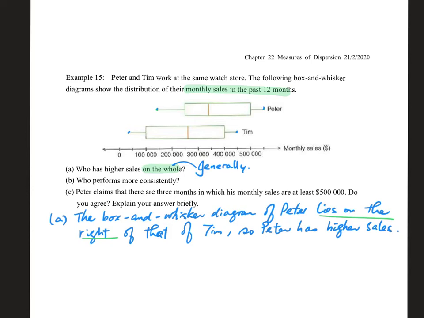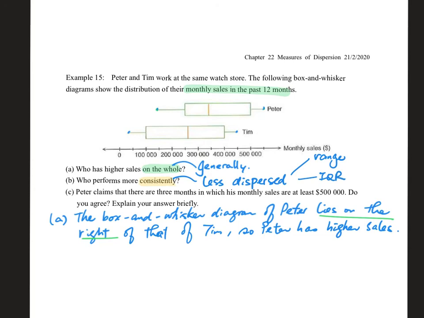Next, part B will be talking about more consistently. Consistent is more stable, and in this word you can understand it is called less dispersed. When you talk about less dispersed, you can see I have two choices. I may compare the range, I may compare the IQR.